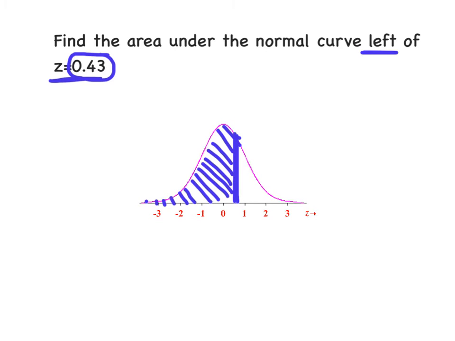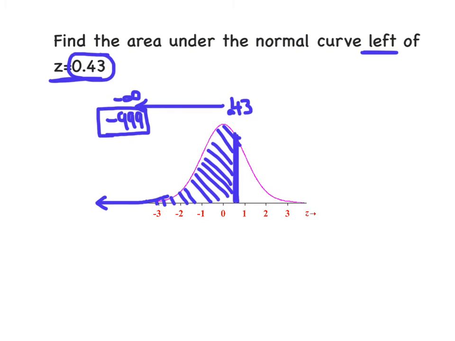Now we're going to go from a z-score of 0.43 and extend all the way, theoretically, to negative infinity because we're saying this normal curve continues on forever. And we're going to use negative 999 as a safe bet. So we're basically saying negative 999 standard deviations below the mean. And that's really a crazy number to think of. When I get ready to type my normal CDF into the calculator, I just want to be careful.